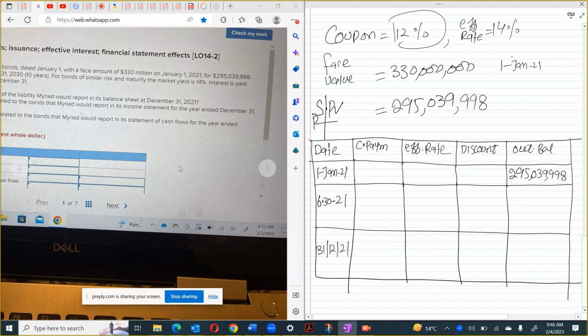The first requirement is to calculate the cash payment. How will you calculate it? The interest rate is 12%. I will divide this by 2, so this will be 6%. To calculate the interest payment, multiply this amount with 12% and then divide by 2. Can you please do this?